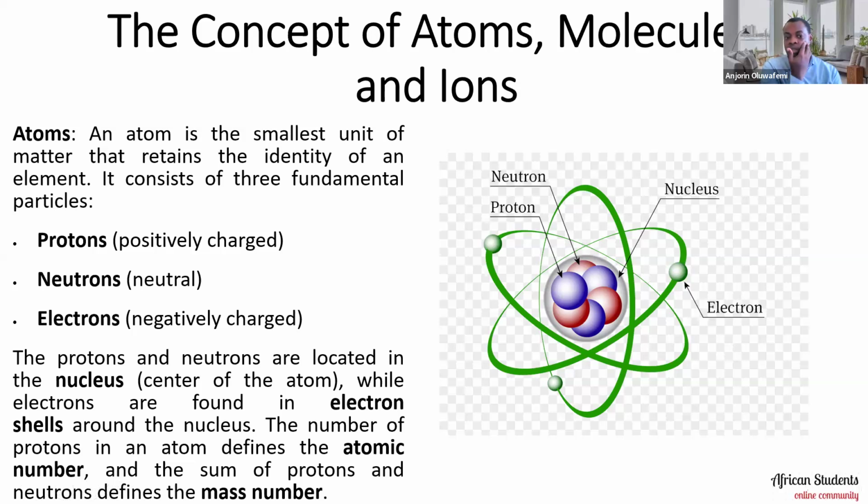The protons and neutrons are localized at the middle of the atom in a place called the nucleus, while the electrons are found around it. The number of protons in an atom defines the atomic number, and the sum of protons and neutrons defines the mass number.